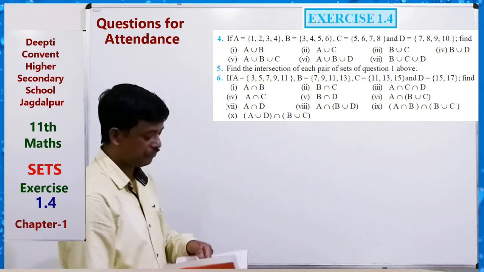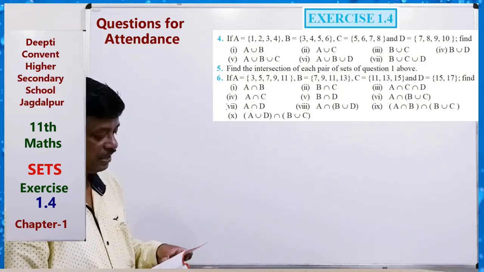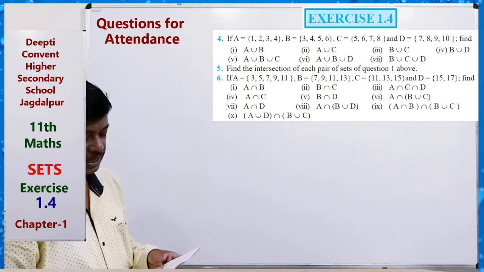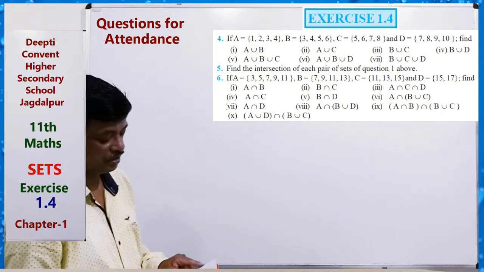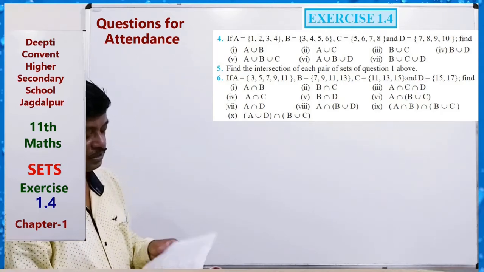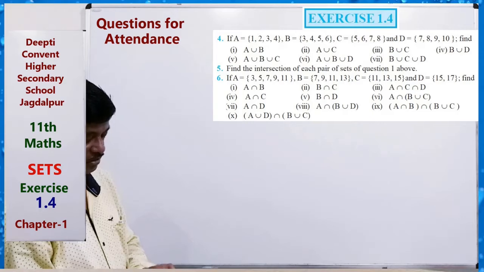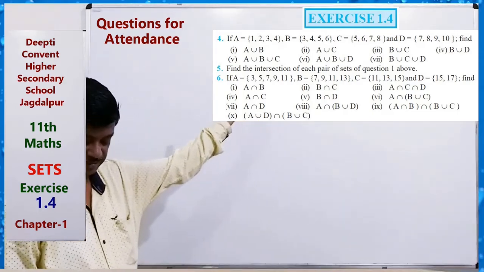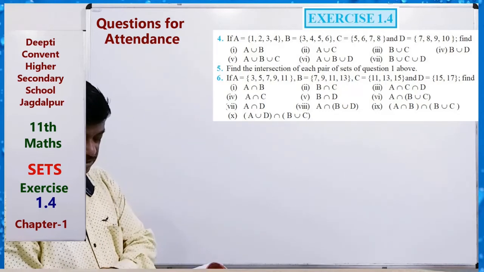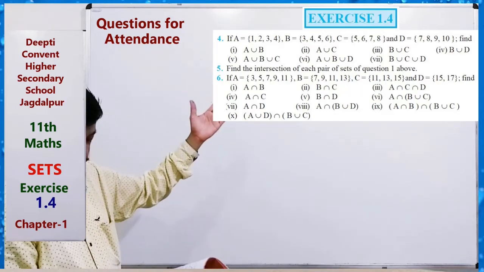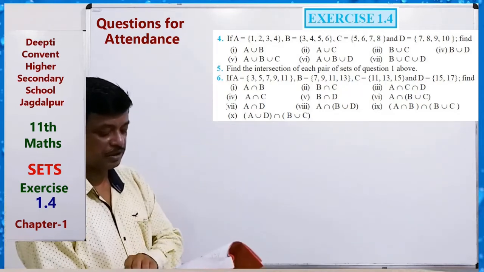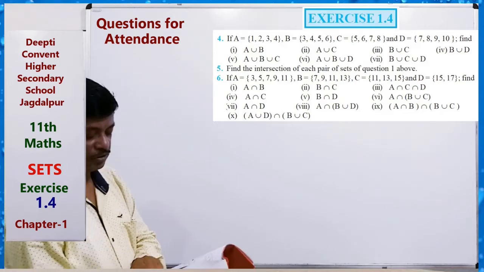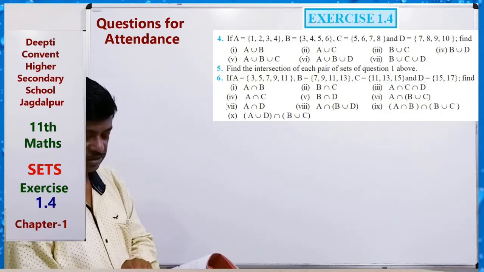Now taking question 5. Find the intersection of each pair of sets of question 1 above. In question 1 the sets 1, 2, 3, 4, 5 are given, in roster form and also set builder form.